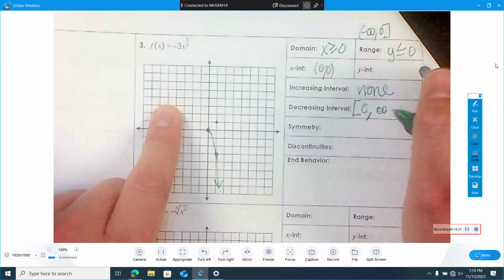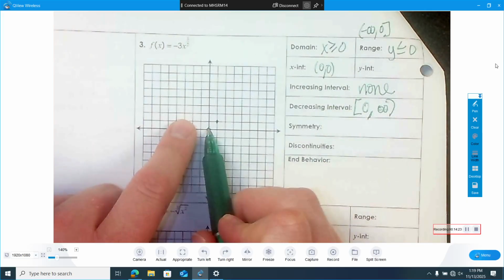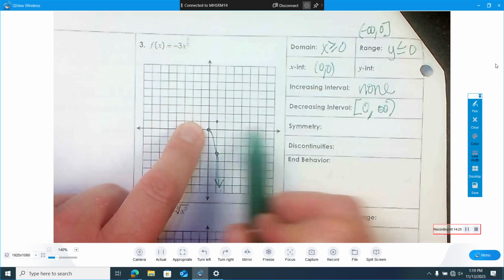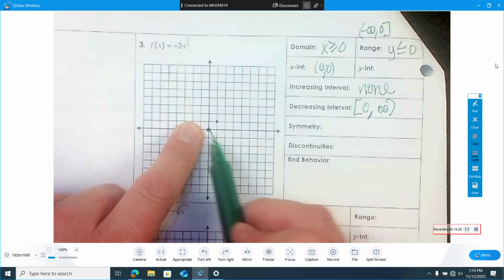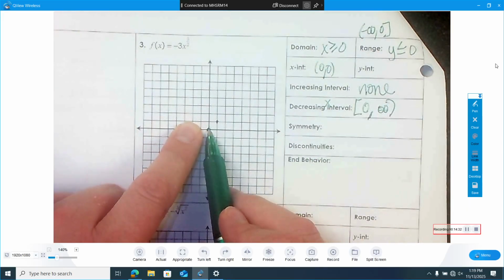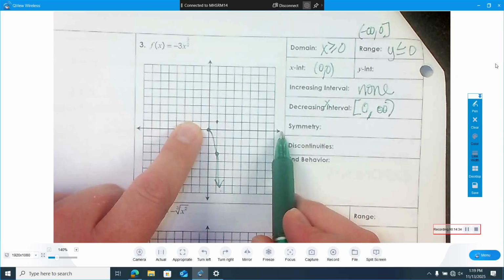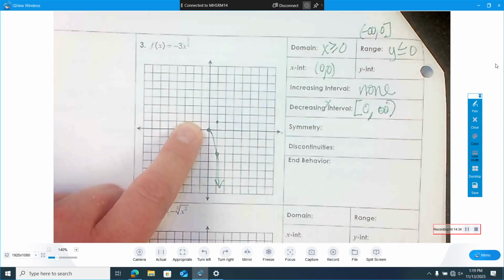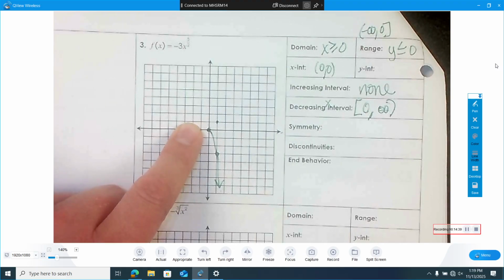So from 0 all the way to infinity, as x goes from 0 to infinity. Yeah, it's weird. Hard to think about. But the interval we're talking about is on the x-axis. So as x goes from 0 to infinity, we are decreasing. All right, that's what that says.